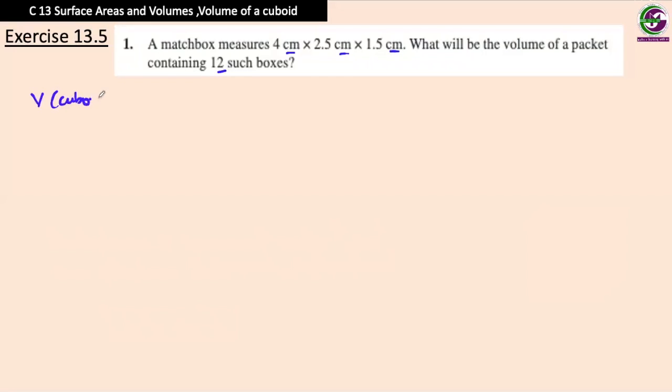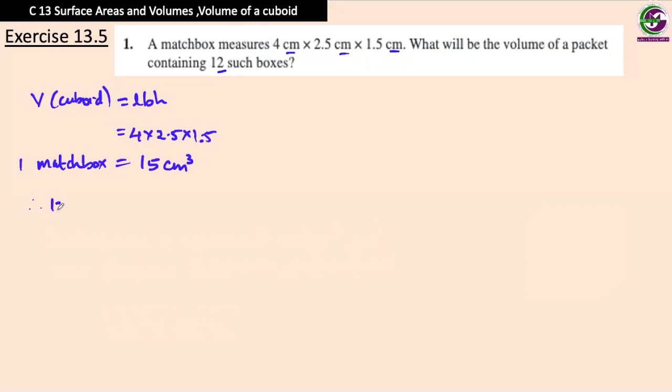So volume of cuboid is LBH, which is equal to 4 times 2.5 times 1.5, which is 10 times 1.5, 15 centimeter cube for one matchbox. So therefore 12 boxes will have a volume of 15 times 12, which is 180, don't forget the unit, centimeter cube. Very easy.